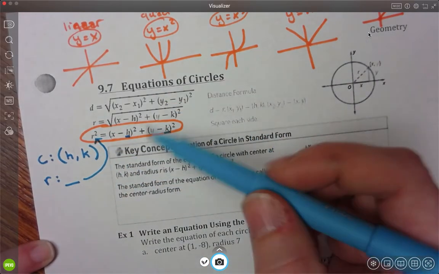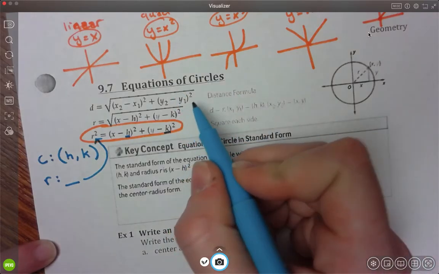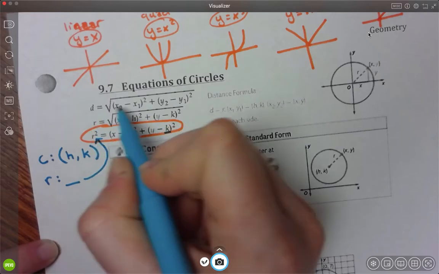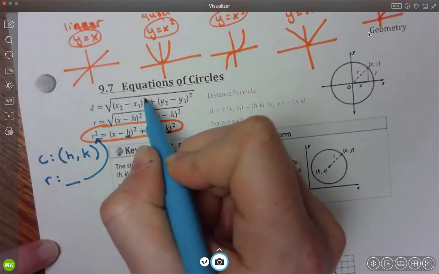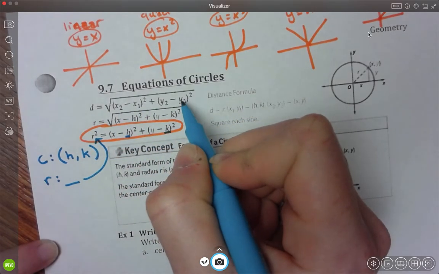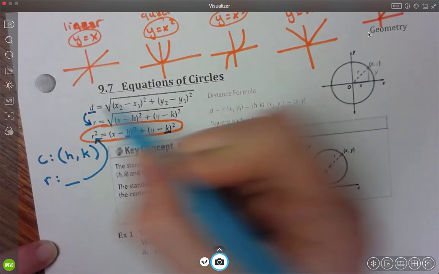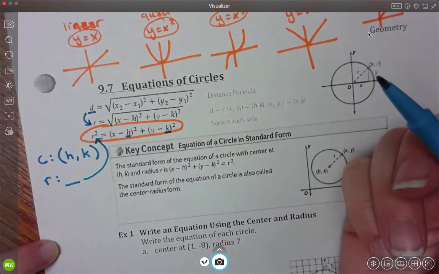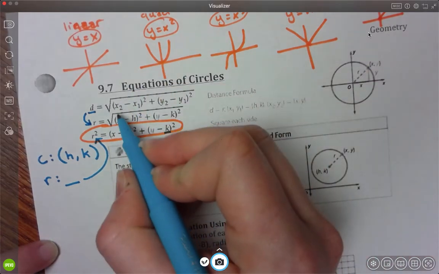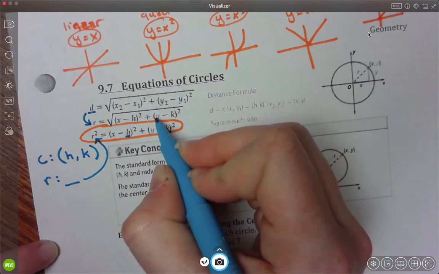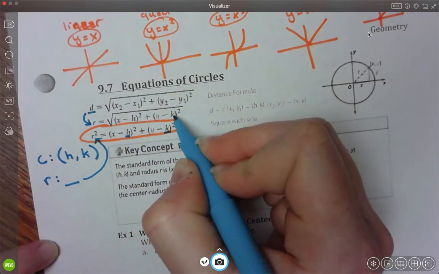Now, this equation comes from the distance formula. Remember, we deal with it all the time. Distance equals the square root of x2 minus x1 squared plus y2 minus y1 squared. The only thing they've done here is, instead of distance, they call it the radius. Let's call our x2 x and our x1 h, and let's call our y2 y and our y1 k.